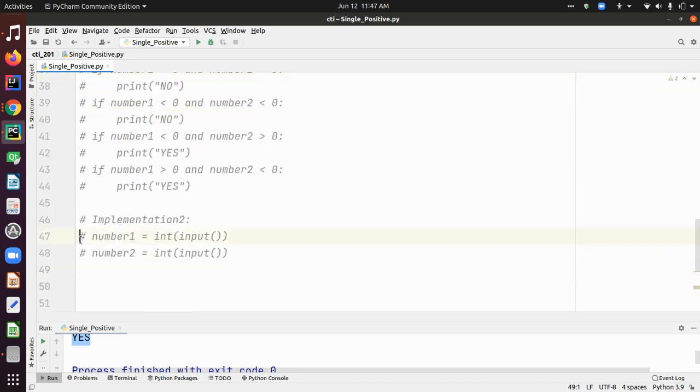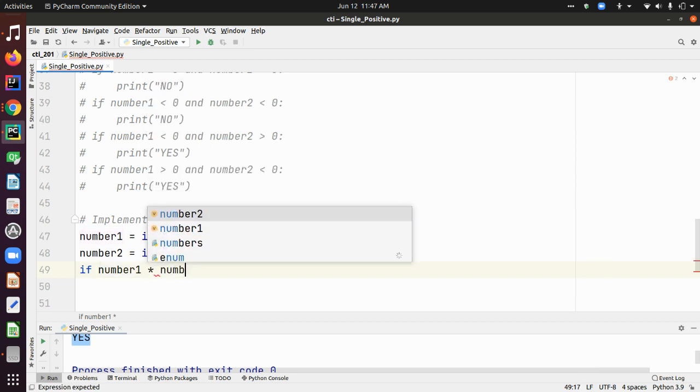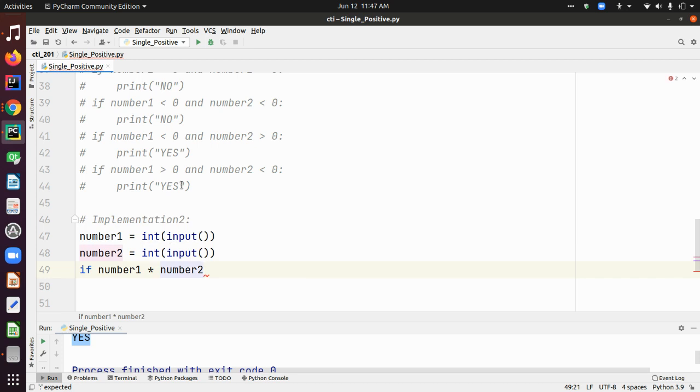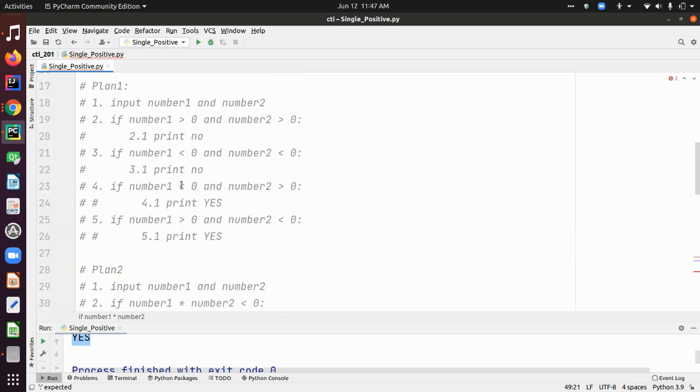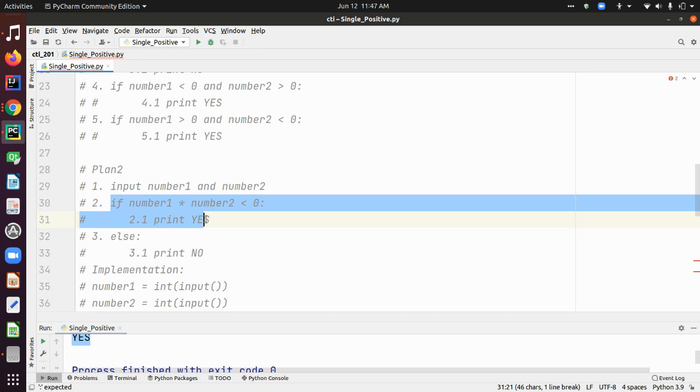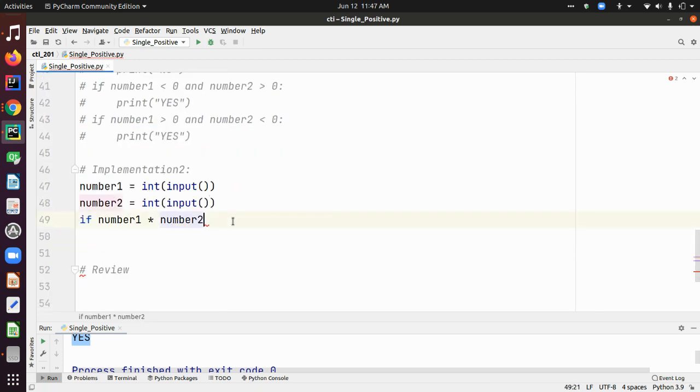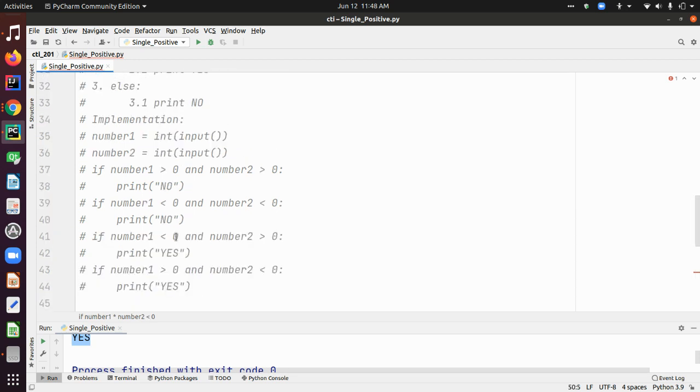If number 1 times number 2, that's what I have in the algorithm, right? So plan 2, this one. So this is greater than 0. So it should be less than 0. Is that what I have? Yeah.